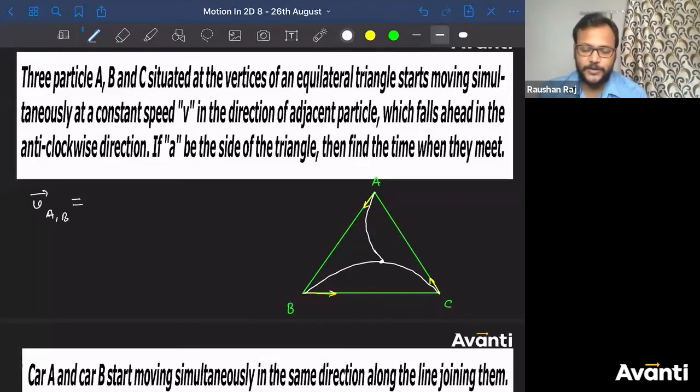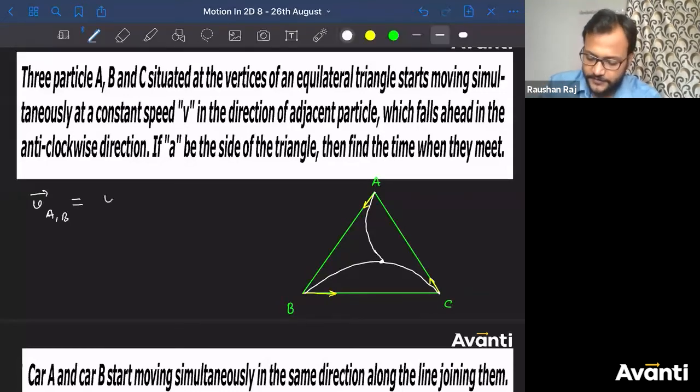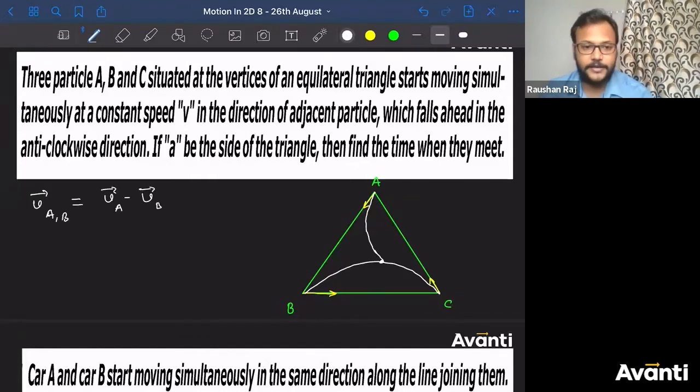However, this is an accelerated one, it is changing. But anyway, tell me guys, what is the velocity of A with respect to B? Is it VB minus VA or VA minus VB? It is VA minus VB, right? It is VA minus VB.